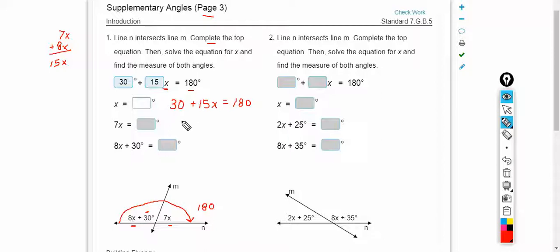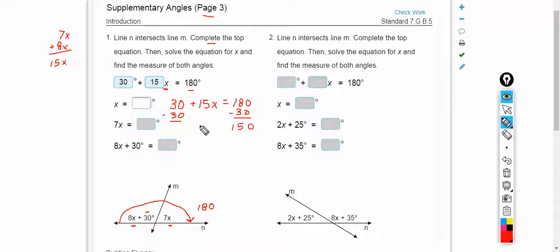Okay, so this is plus 30, so we're going to do the reverse, which is minus 30. Okay, so 180 minus 30, that's a 150.